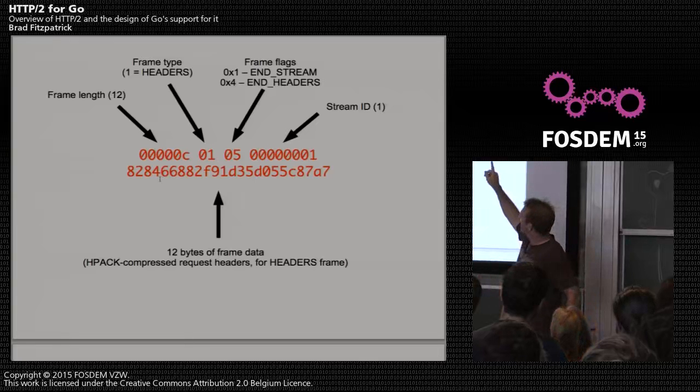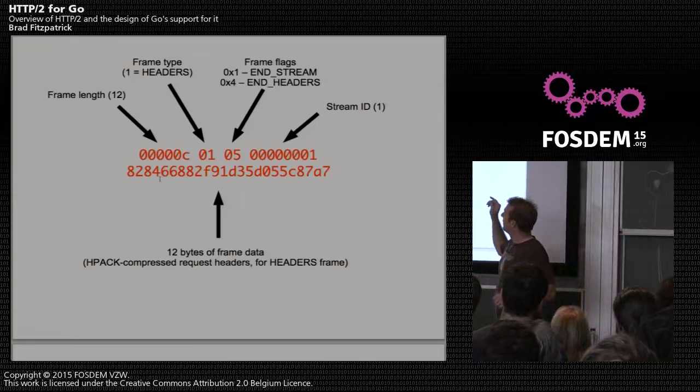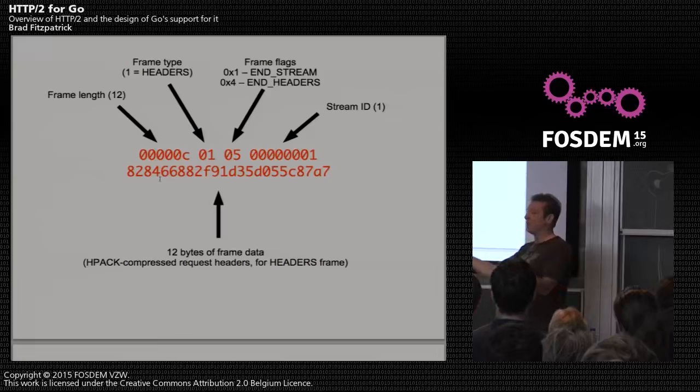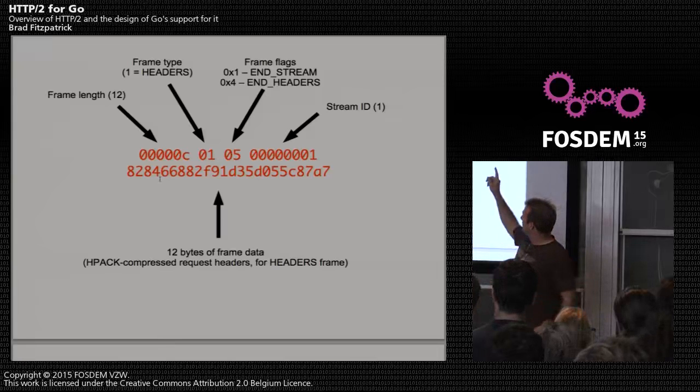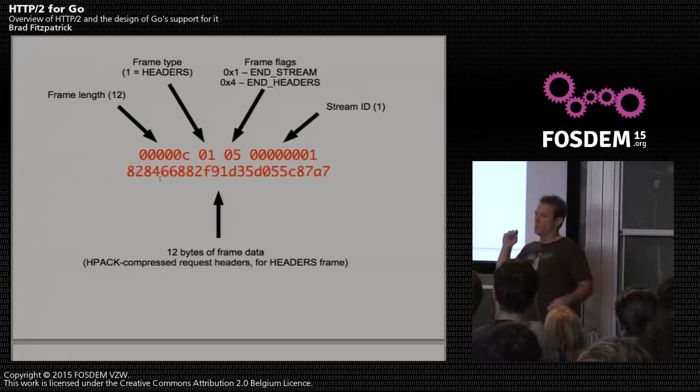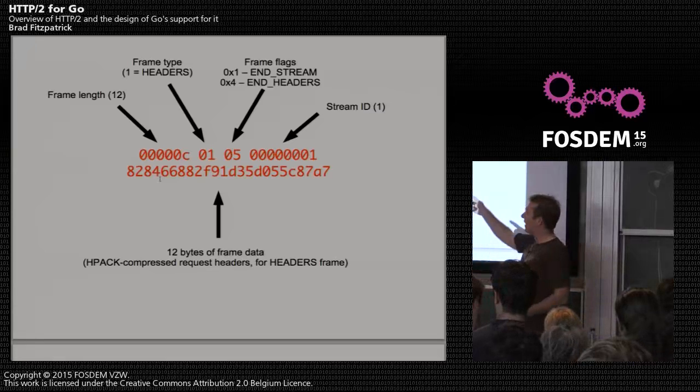This one says end stream. Basically every HTTP request you make over one of these long-lived TCP connections, which could be days, has a unique stream ID. A headers request starts a new stream, so it has stream ID 1, and the end stream bit says, from my side, the client is done sending.